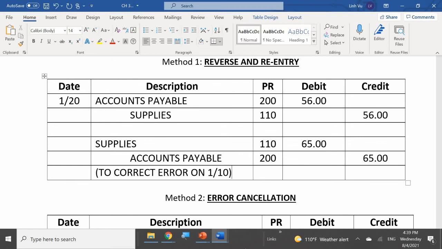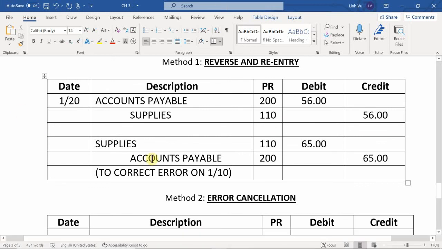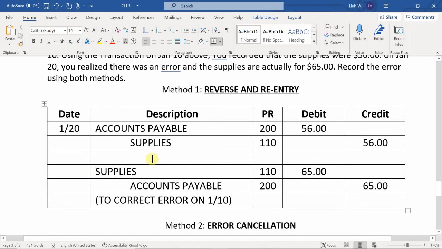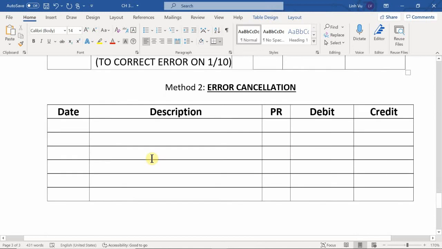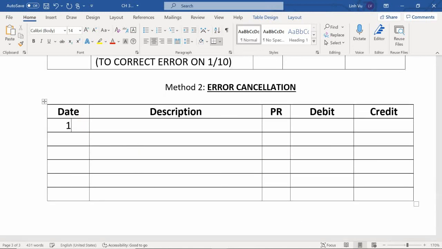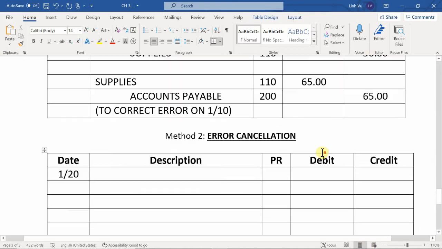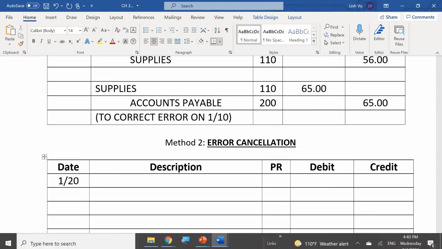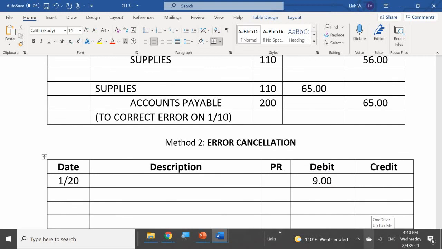Okay. So now we have a $9 difference, so that we record. So we have to buy $9. Yes, that's the difference between 56 and 65, $9, correct? Good.